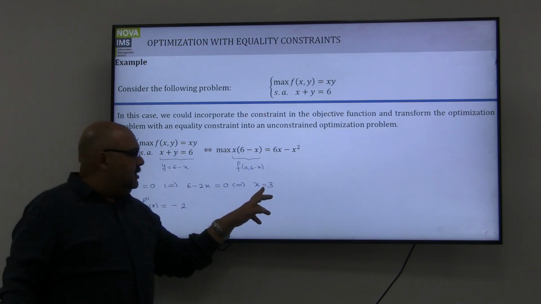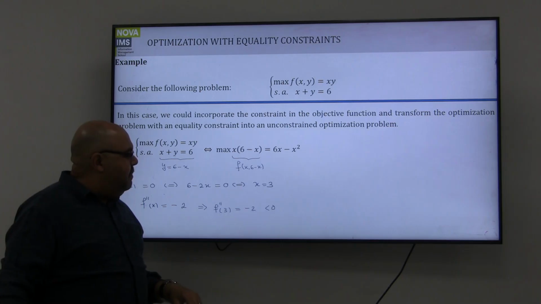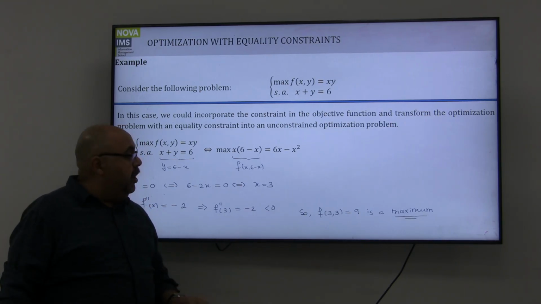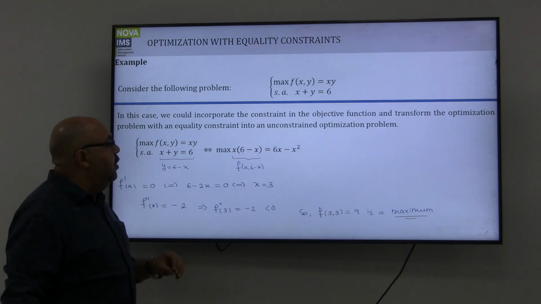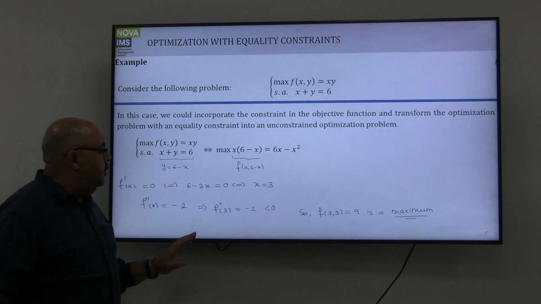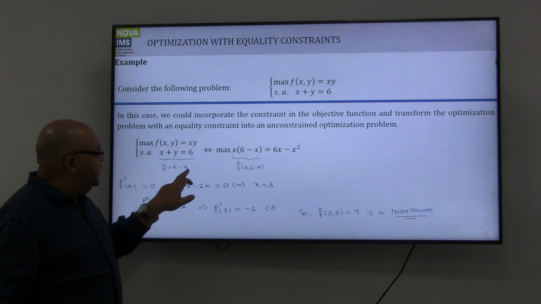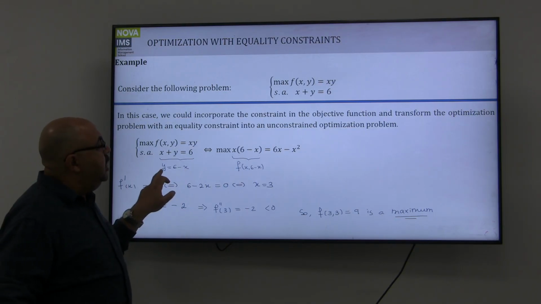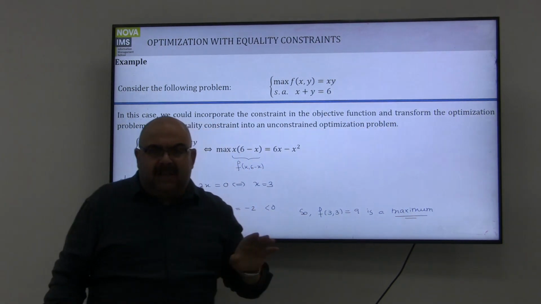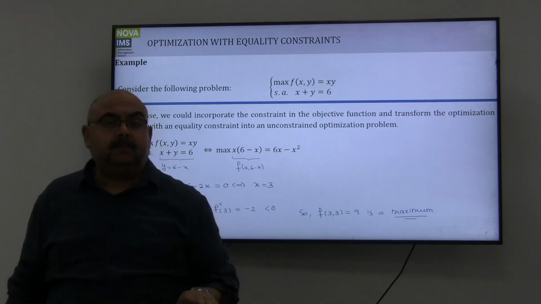So at x equal to 3, we have a maximization. If I need the value of the function at x equal to 3, it's very simple. I put x equal to 3, so y is equal to 3. Multiplying x and y together, the maximum value of the function is 9.